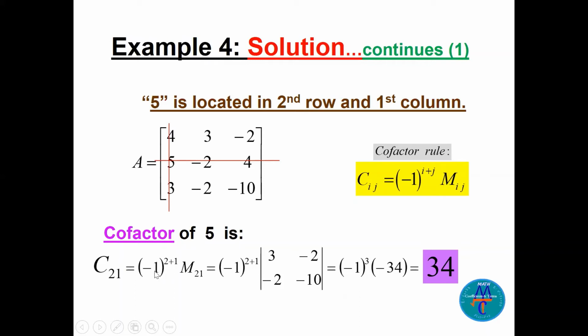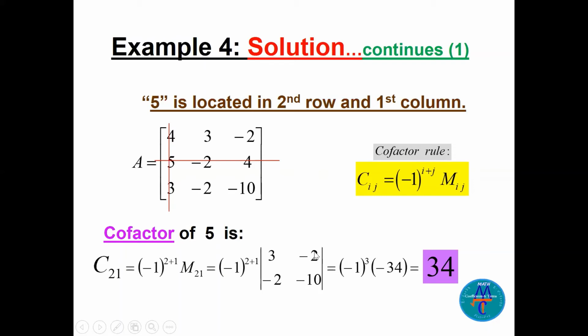But you have to put the formula here, minus 1 to the power 2 plus 1, so minus 1 cubed times the minor of this 2, 1. That's only the minor here. And the minus 1 to the power 2 plus 1 is coming from the cofactor rule, or cofactor formula, if you like. This is minus 30.